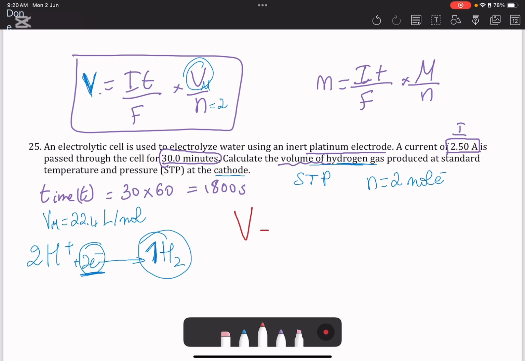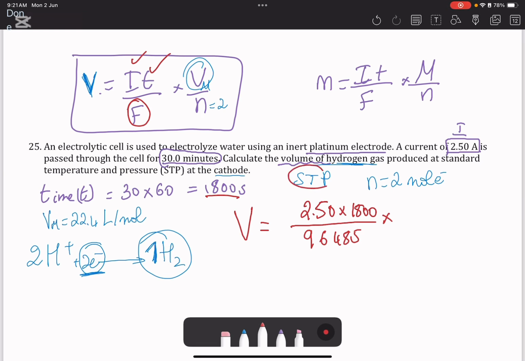Let's substitute in the formula. Volume is equal to the current, multiplied by the time, divided by Faraday constant. Let me get you the value. Faraday constant is equal to 96485 coulomb per mole. This value is always given.